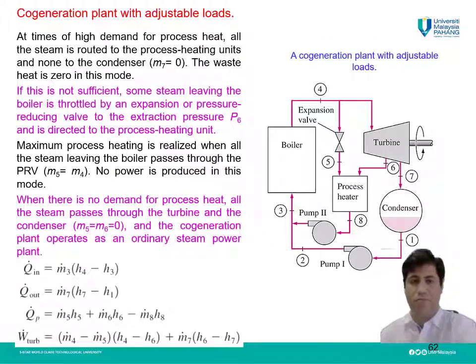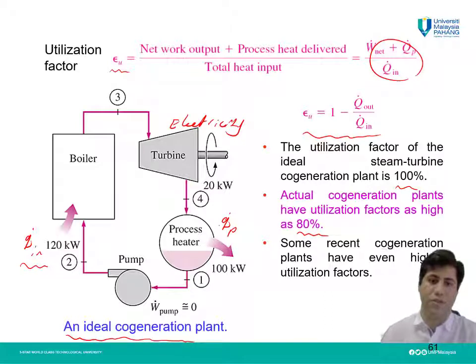This cogeneration cycle, which you can see here, is just a simple and basic cycle for a cogeneration plant. Usually we don't have something like this. It is a little different. If you notice here, all of the steam which goes to the turbine will go to the process heater. But usually we don't need something like this.